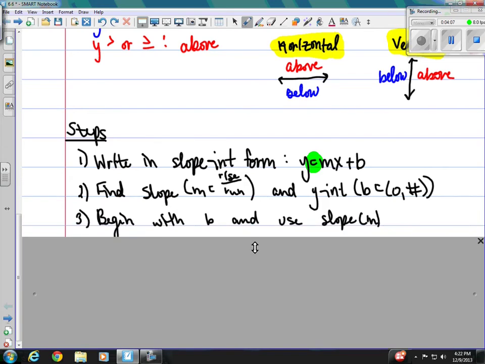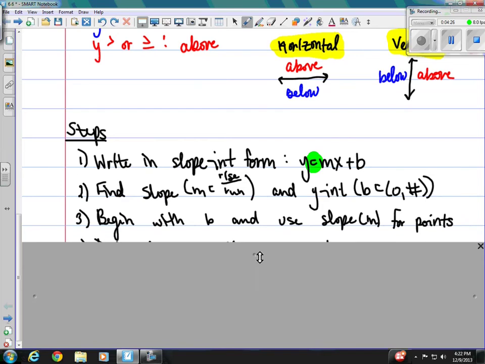Now step 3, we begin with b and use our slope for our points. Now, if you look, these first 3 steps haven't changed at all. They are still the same 3 steps we've been using throughout the entire graphing process. Step 4 is where it changes on us.